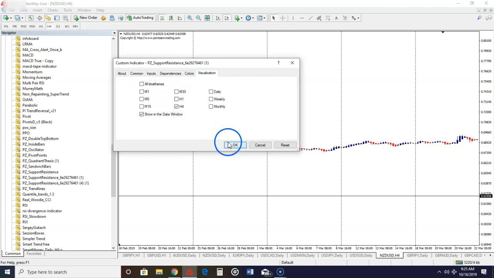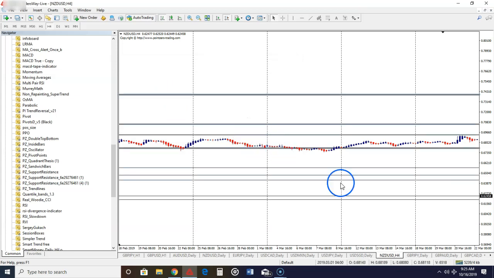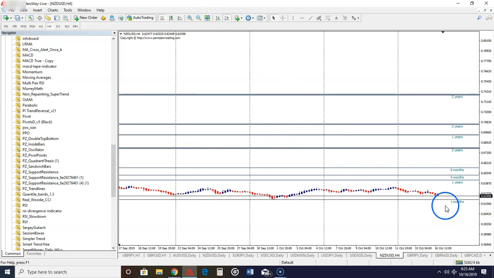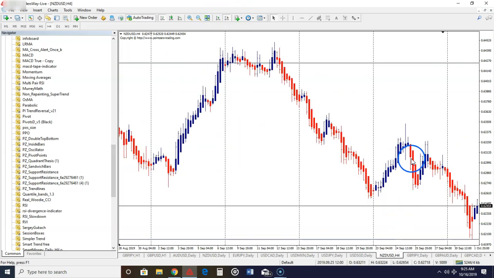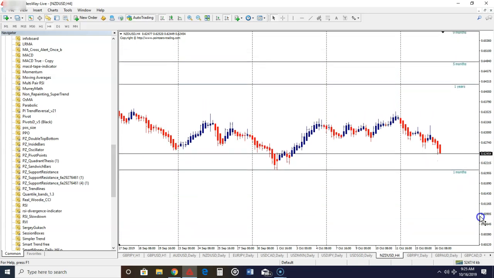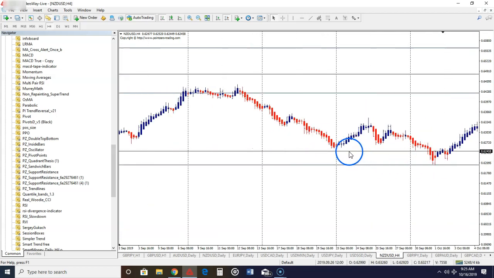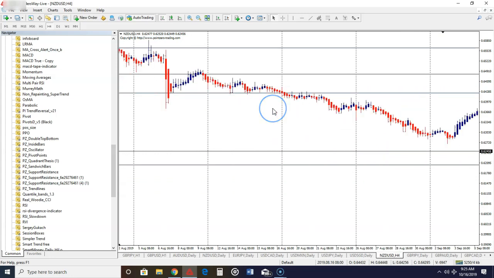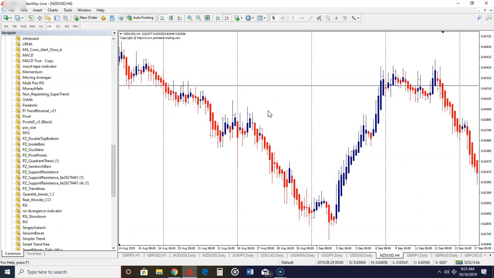Just that easy. There it is. Now I see all my daily levels on the 4 hour time frame. Make it look like something. Drag it down a little bit. There it is. There are my levels. Support and resistance levels.